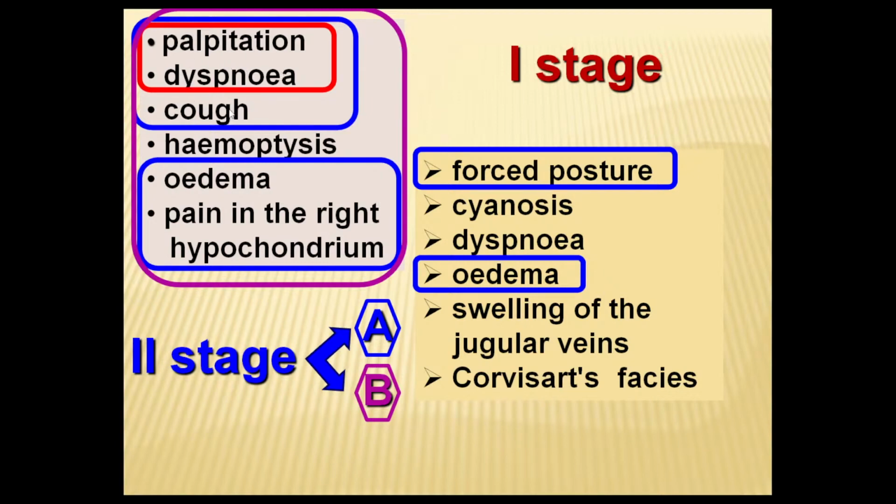Cough may be present the whole day and sometimes accompanied by hemoptysis. Edema cannot be released independently, only after the action of some medicines. Pain in the right hypochondrium becomes continuous, not only after physical exercise but the entire day.